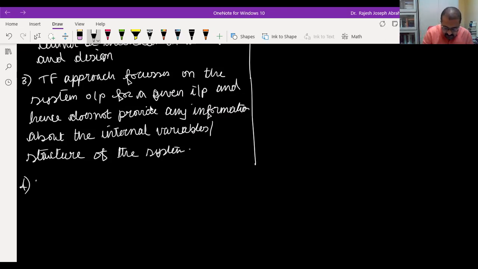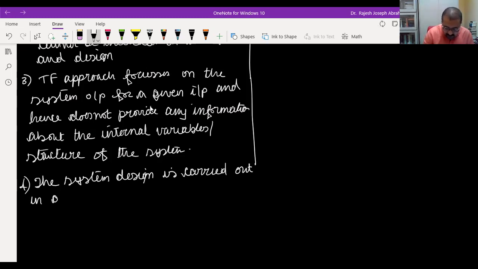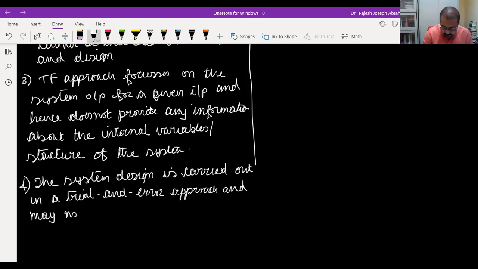The system design is carried out in a trial and error approach and may not yield optimal control systems.